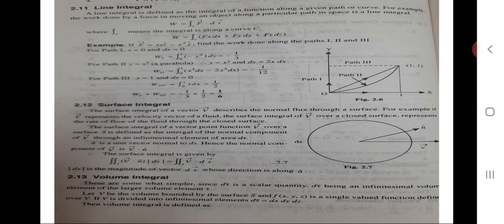For example, the work done by the force in moving an object along a particular path in space is a line integral.